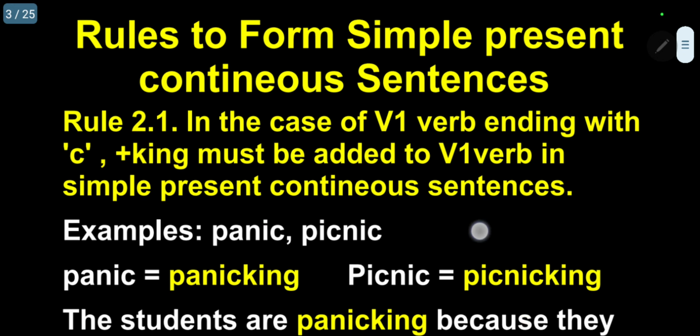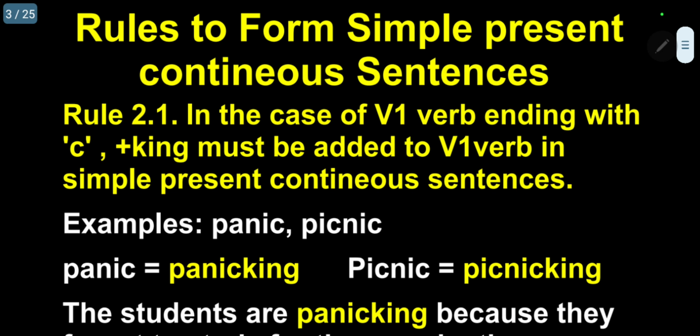Rule 2.1. The second type of sentence, present continuous, I am calling the second sentence. So the first rule, 2.1: in the case of a V1 verb, meaning the present verb, the basic verb, ending with C, when we are using it in present continuous sentences, we have to add K-I-N-G.